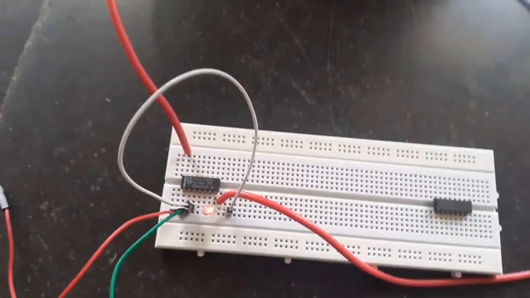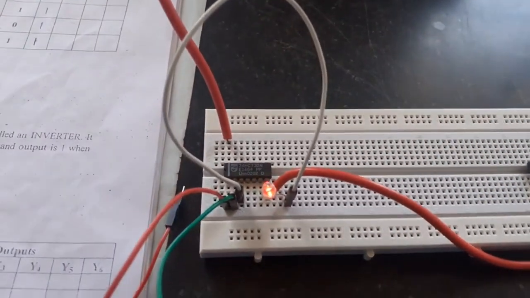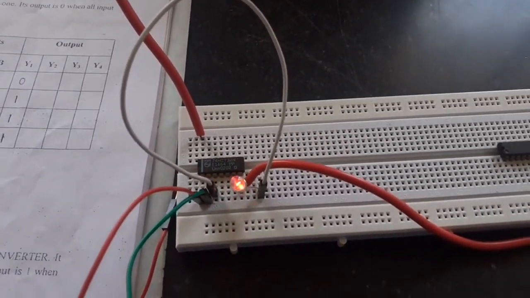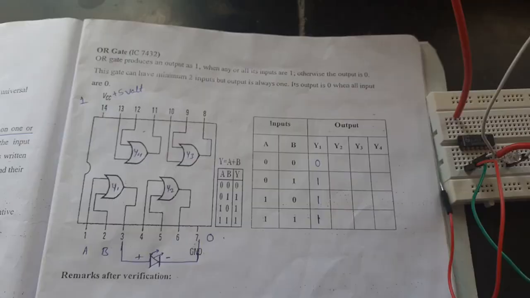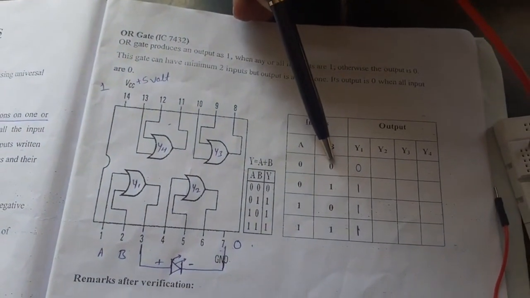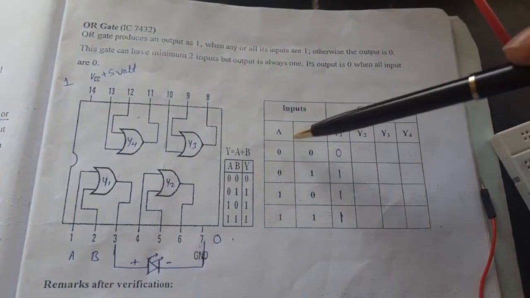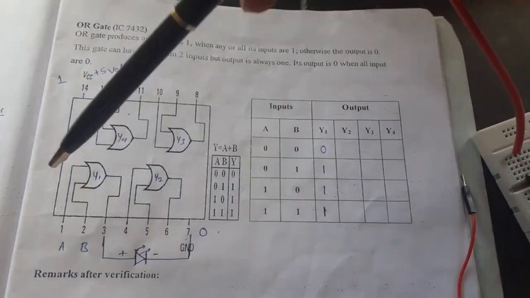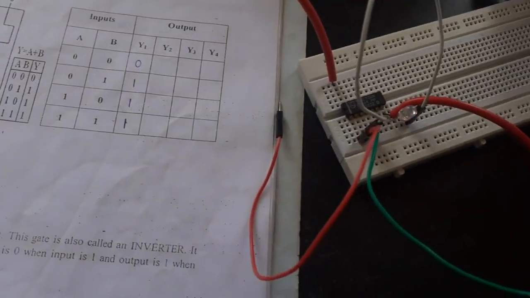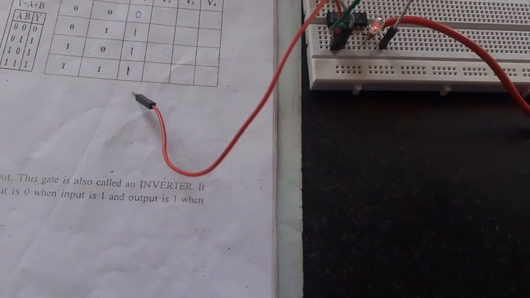Initially, first we have to verify the OR gate. First we connect the 0 pin to the ground, means first we apply A 0, B 0 to the Y1 gate. Here A is red and B is green.